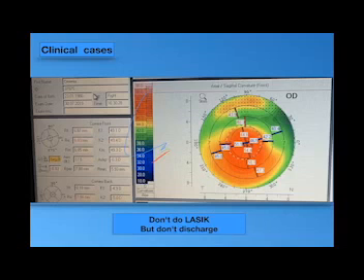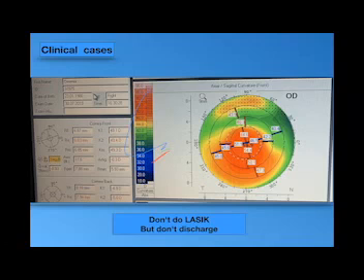Okay, but if the refraction of this patient is -8 sphere and -9 cylinder on the autorefractometer, and the best corrected visual acuity for this patient was 6/60.